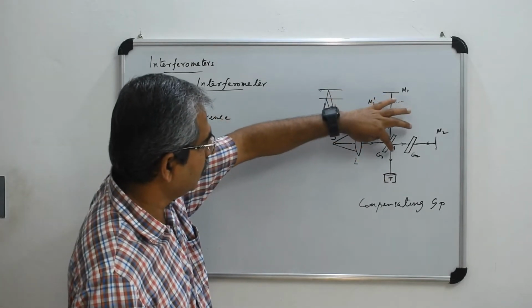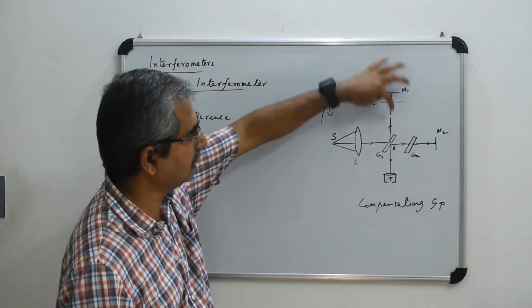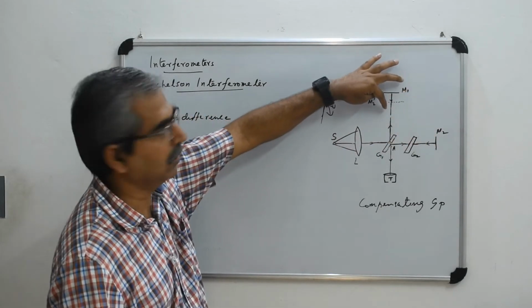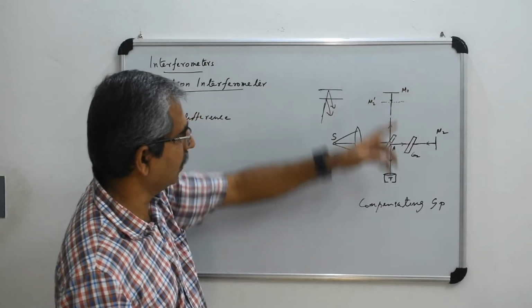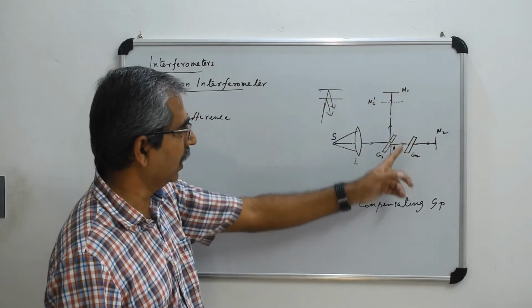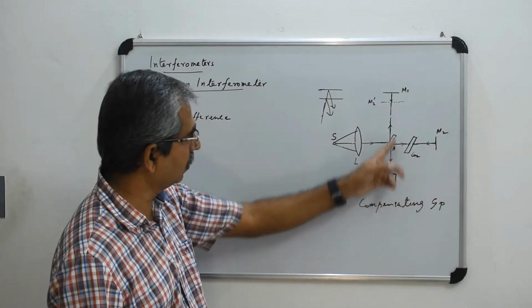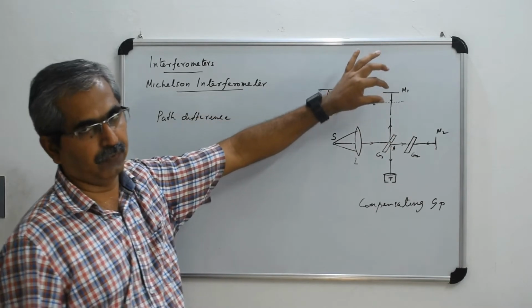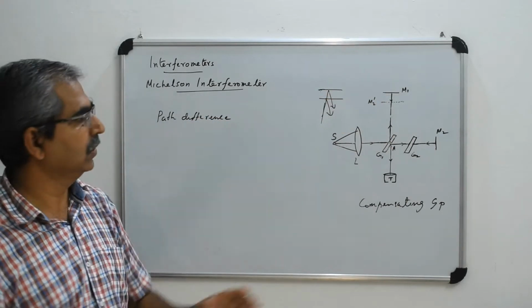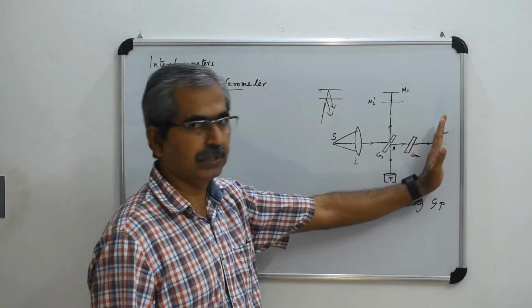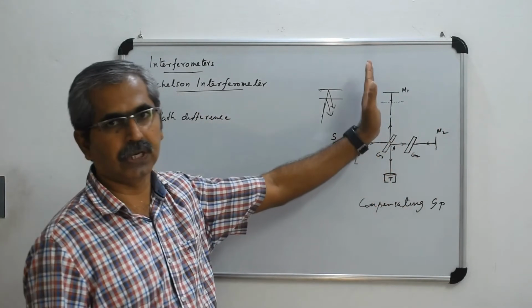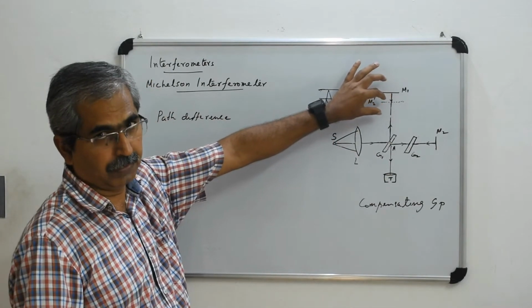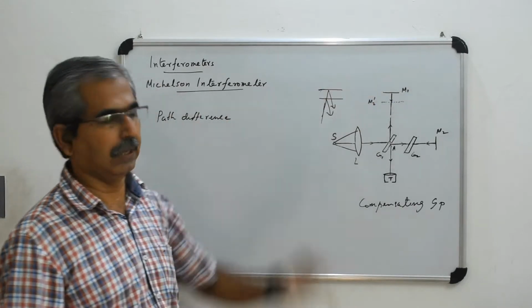From here to M1 you have one distance, and to M2 dash another distance. So the difference between AM1 and AM2 dash will be the thickness of the air film. Remember, this is because we are observing the virtual image of M2 along the same direction. So the situation is similar to the case of an air film trapped between M1 and M2 dash.